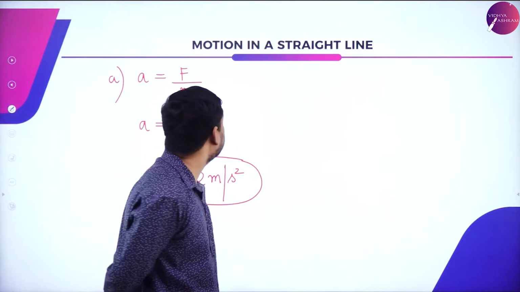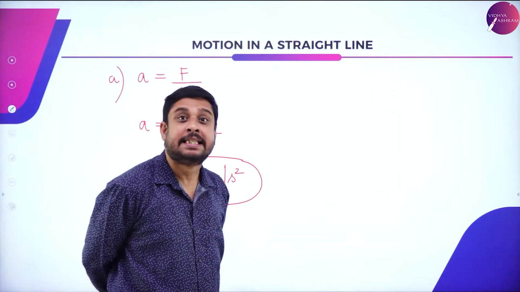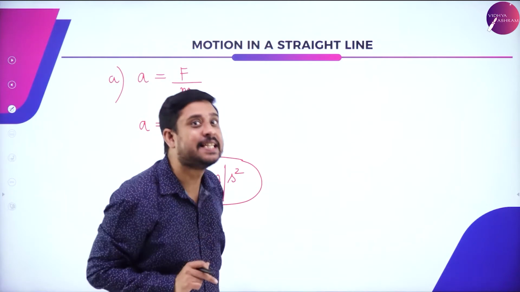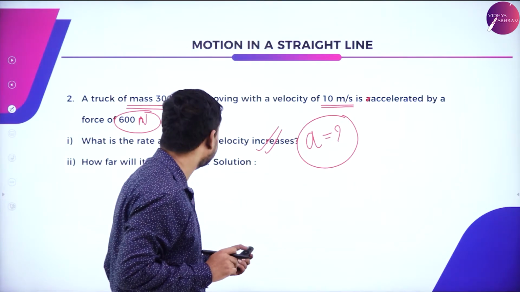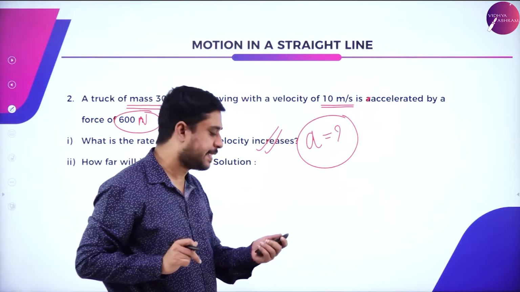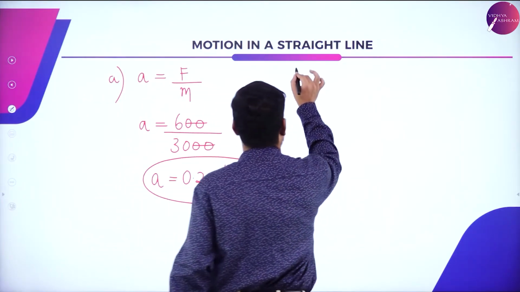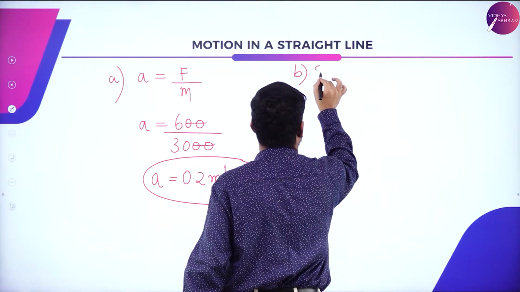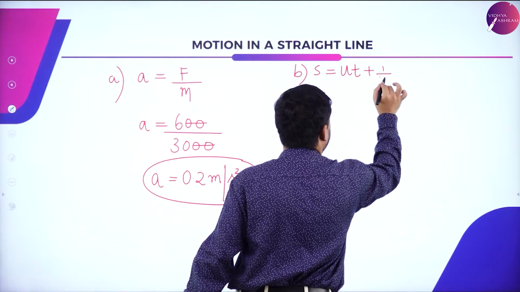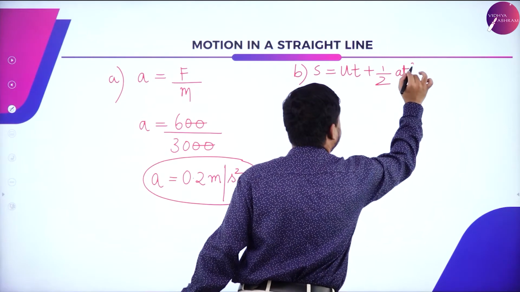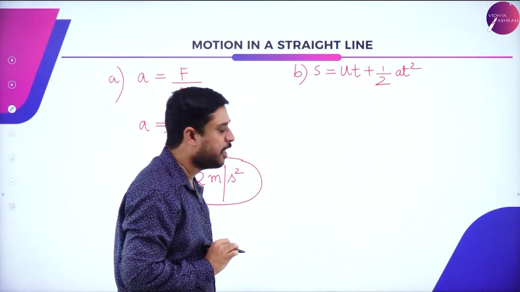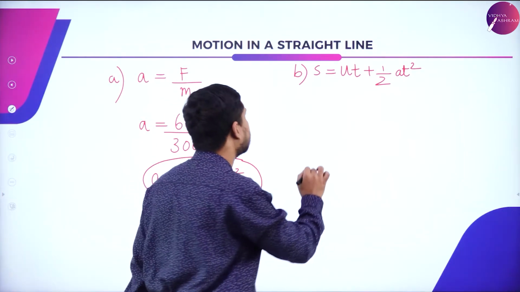Now I have to calculate the distance traveled by it at the end of 10th second. Note very clearly, how far will it travel in 10 seconds? So S equals UT plus half AT square.